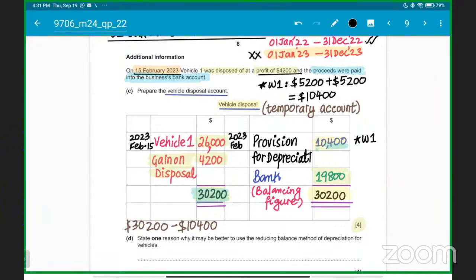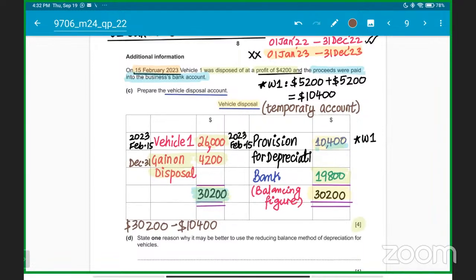The provision for depreciation and income statement entries all happen on that same date, except for the transfer. Transfer happens on December 31st, the last date of the year, when we have to close the account. Okay, people got it clear, understood?